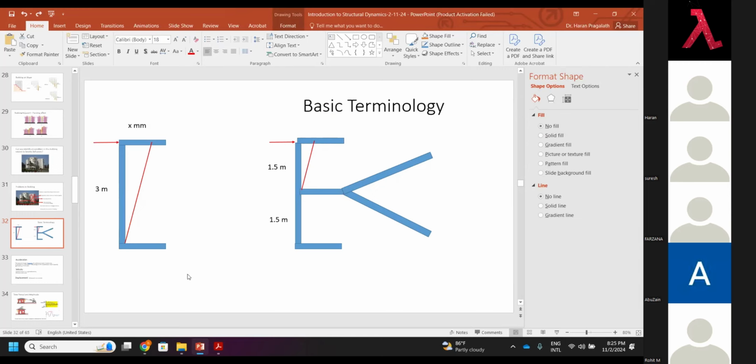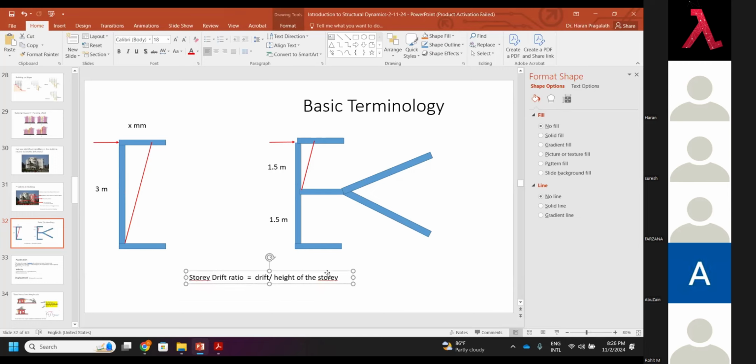There is a formula called drift ratio. My drift ratio is equal to the drift divided by the height of the story, so I call it the story drift ratio.